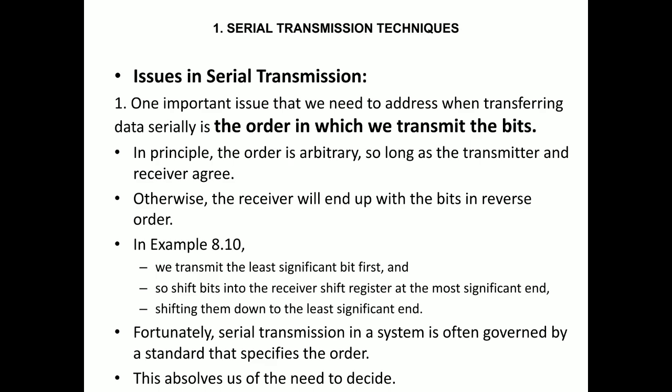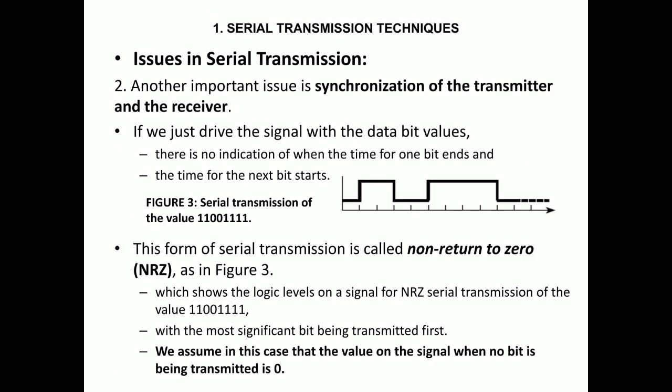Okay, and the second issue is the synchronization between the transmitter and receiver. Why is synchronization important? Because there is a common clock signal for the transmitting end and the receiving end. The clock signal should reach the transmitter and receiver at the same time.